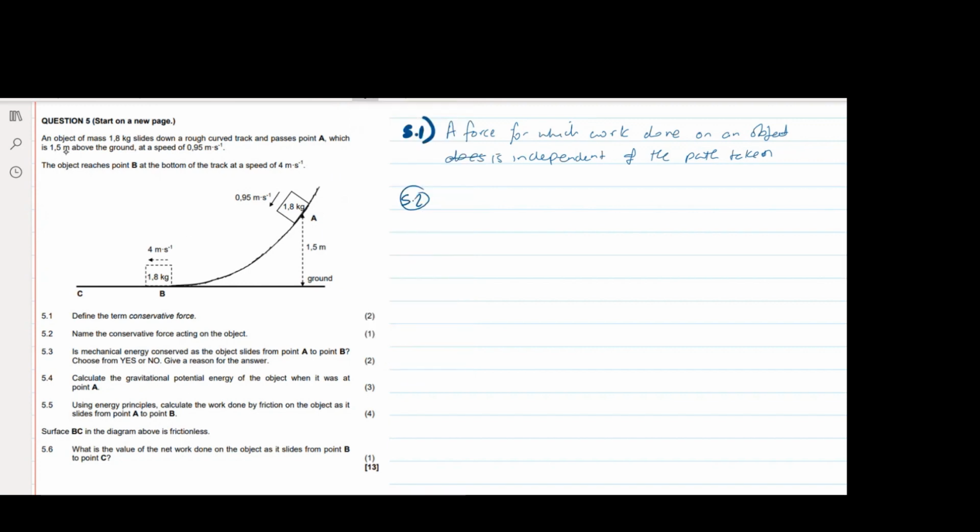In this case, an object slides down a rough, curved track. The graph tells you that there is friction. It passes point A, which is 1.5 above the ground, to the object at point B. One of the conservative forces here is the force of gravity.